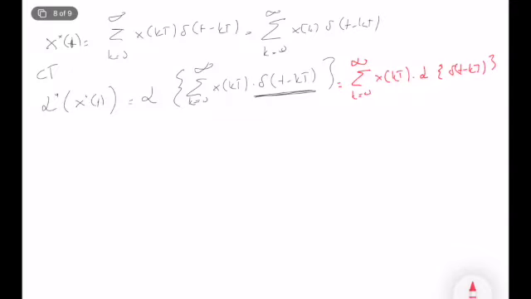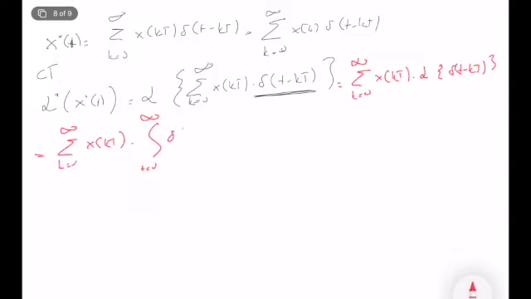It's very simple. You may remember the Laplace transform of the delta function, but let's just use the definition of the Laplace transform. We can derive it very quickly. Sum from k equal to 0 to infinity of x(kT) times, if you remember, we have an integral. Let's assume it starts from 0 because it's a unilateral Laplace transform, and we know that k and T are both greater than 0.